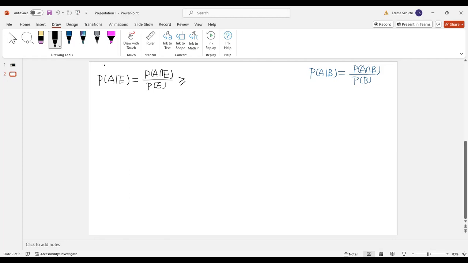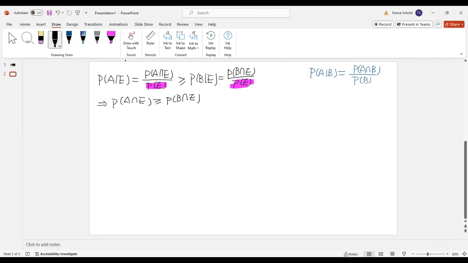From the problem, this is greater than the probability of B given E, which is P(B intersect E) over P(E). They have the same denominator, so if one is greater than the other, we can conclude that P(A intersect E) has to be greater than or equal to P(B intersect E).